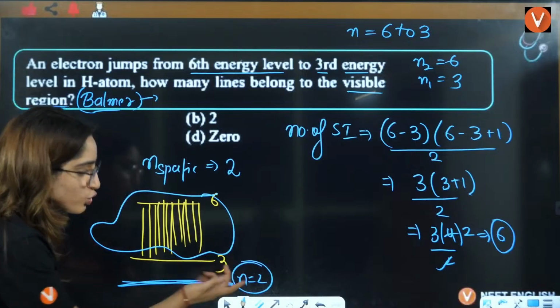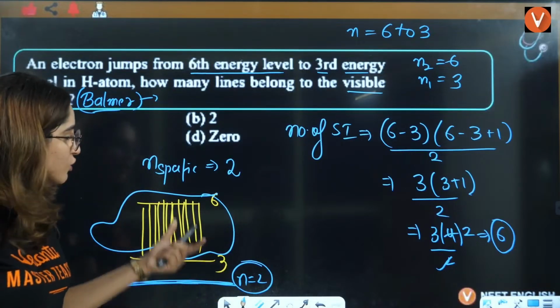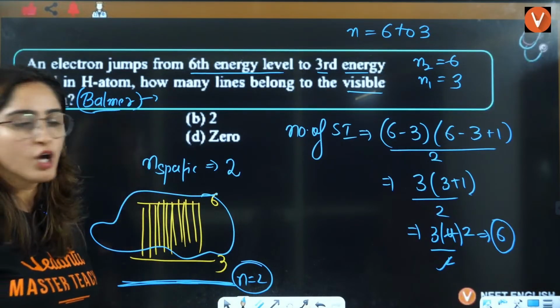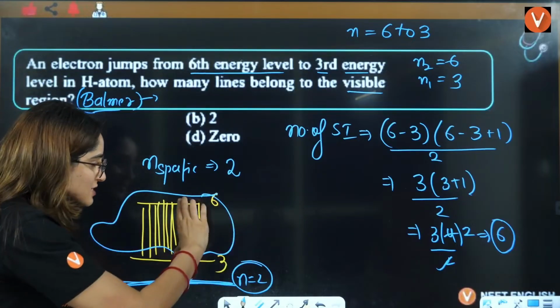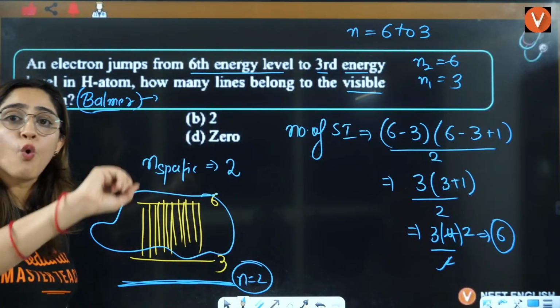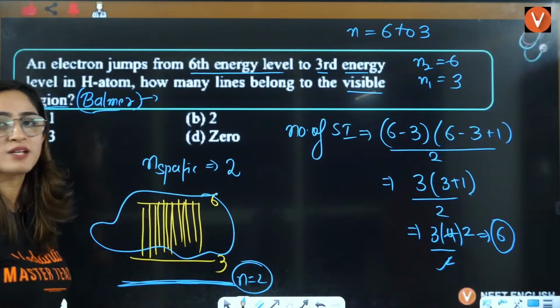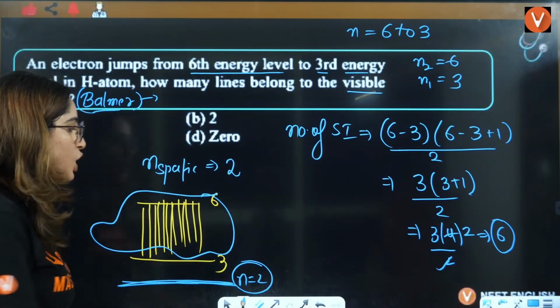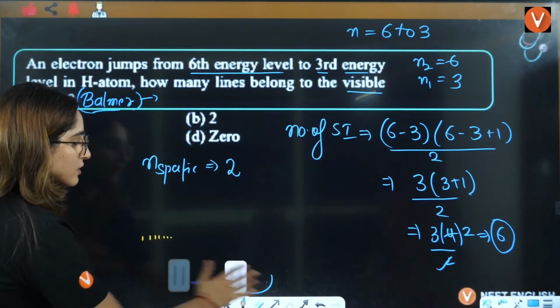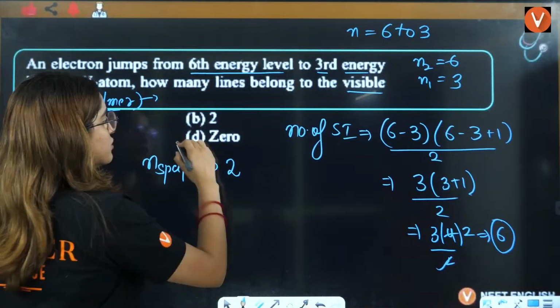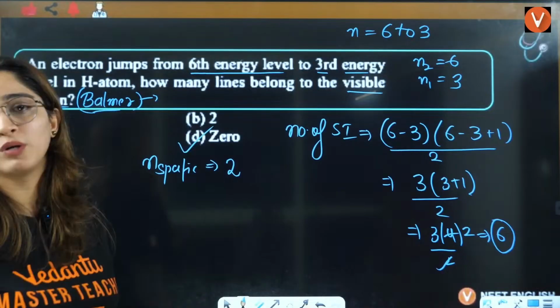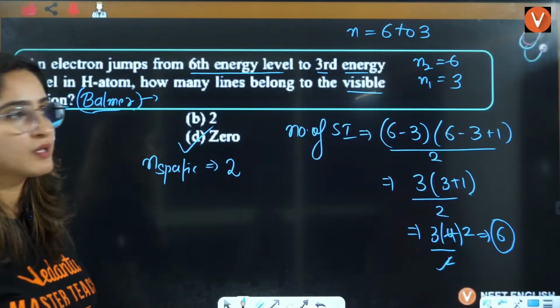So for n equals 2, there will be 0 lines, because no line in this barrier is coming towards n equals 2. So the answer is 0. You don't even need to apply the formula. It's not possible.